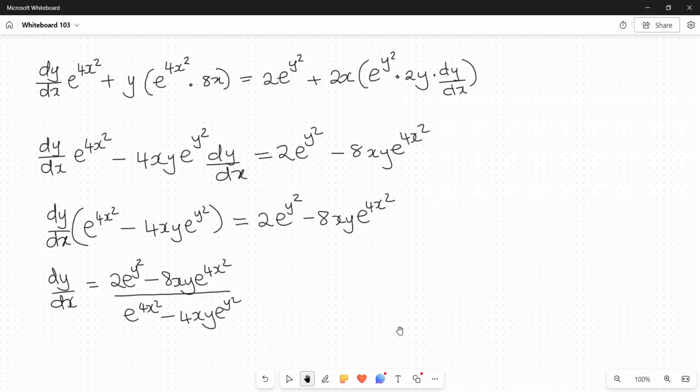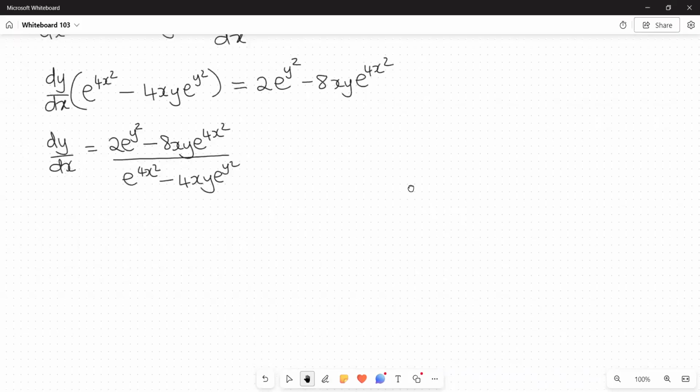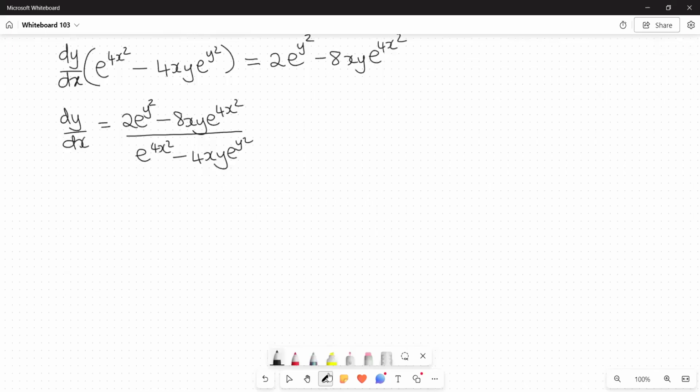And now we have to substitute the point (1, 2) in it. So now we work out dy/dx at the point (1, 2). That means x is 1 and y is 2.